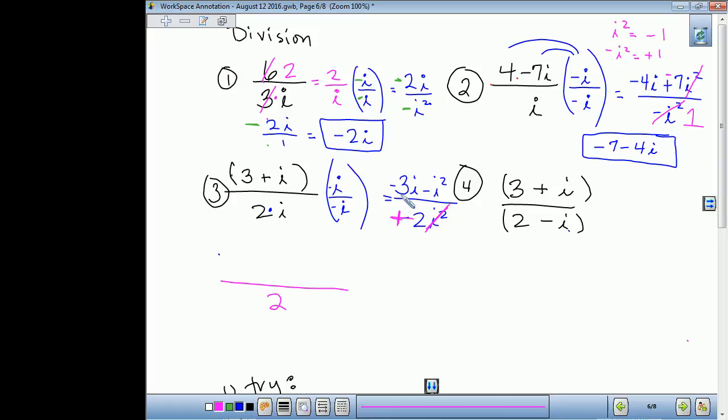The numerator was negative 3i minus i squared. Well, i squared is really negative 1, right? So what happens to a minus negative? It makes a positive 1. So the 1 will come first, and the minus 3i will come second.